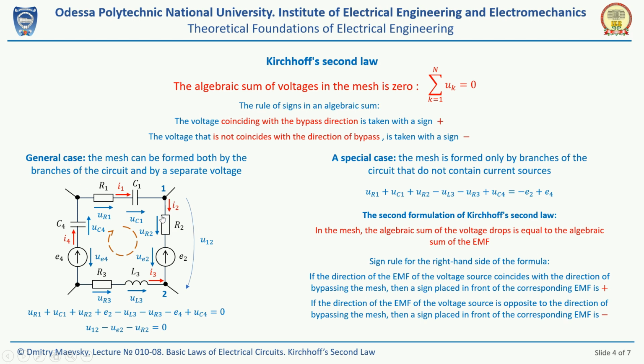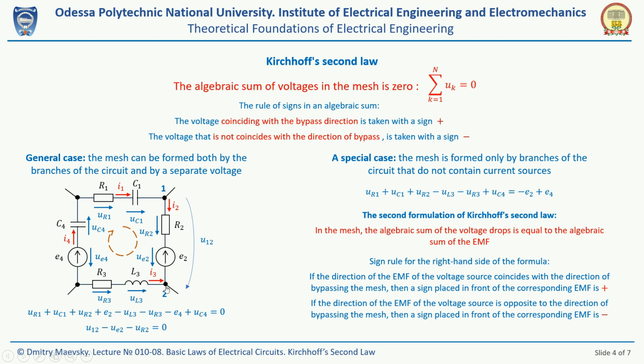When we pass through this mesh, we meet the voltage on this source coinciding with our positive direction. We have a plus sign in our equation.